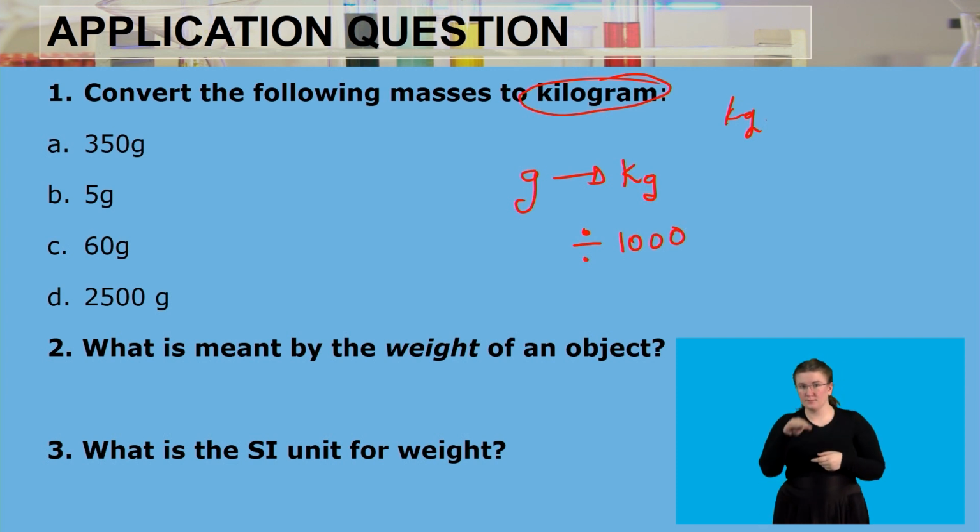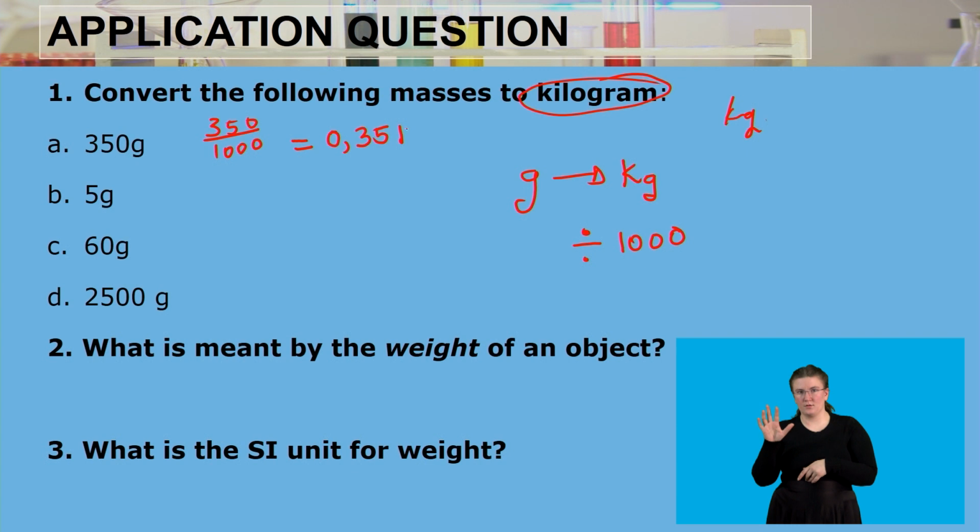That then means when we are converting the 350 grams to kilograms, you're going to divide the 350 by 1,000. And that is going to give us 0.35 kilograms.